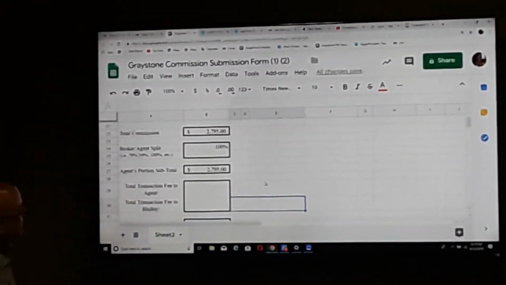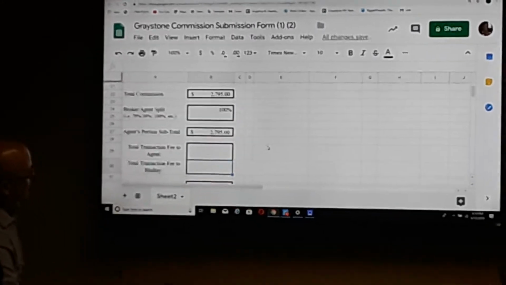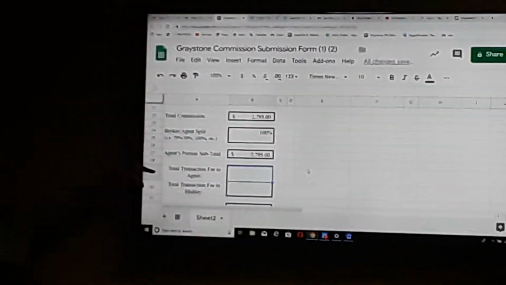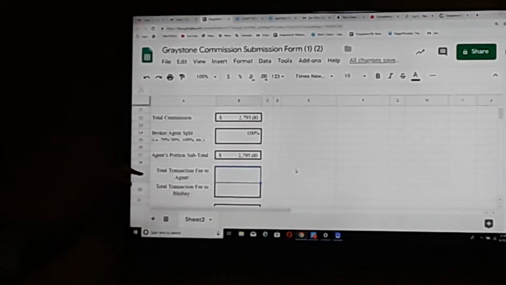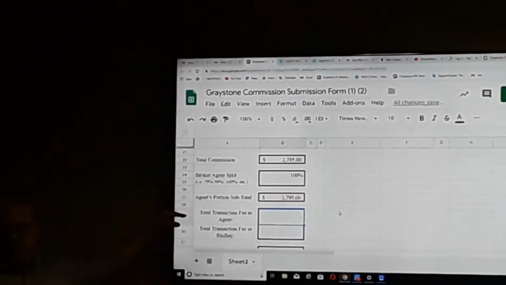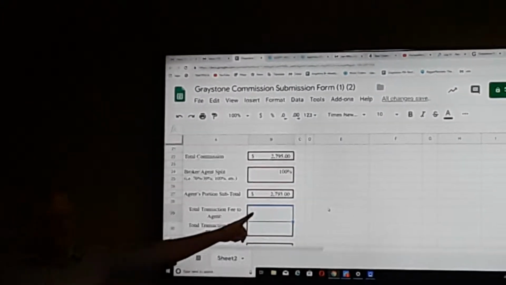All right, this is what people get a little bit confused about. Here, total transaction fee to agents. You're gonna put the transaction fee of $395 if you charge it to the client. If the client at closing pays the transaction fee, you're gonna put it in here.